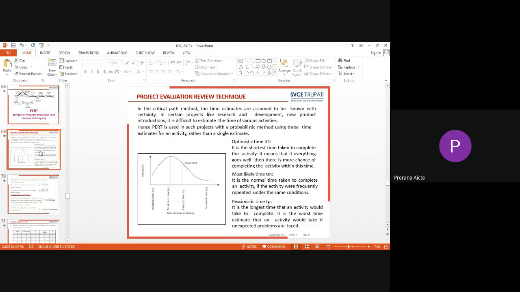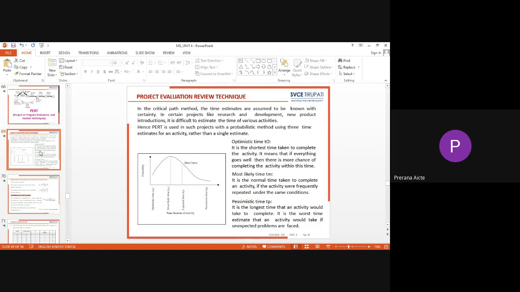That means the time durations for each and every activity are known very well and do not tend to change. But this project evaluation and review technique, also known as PERT, is for such projects which involve certain probability.